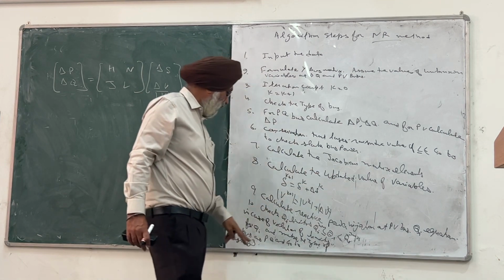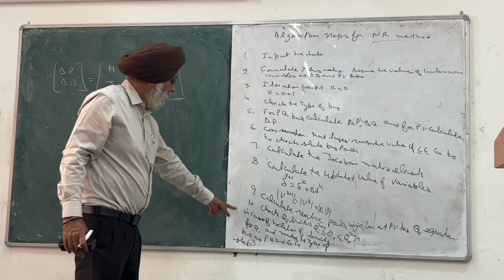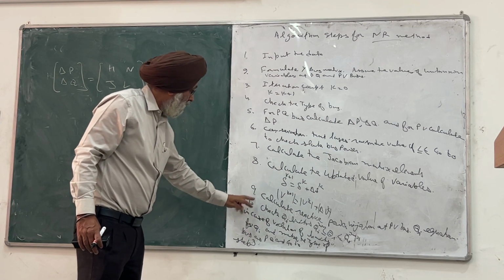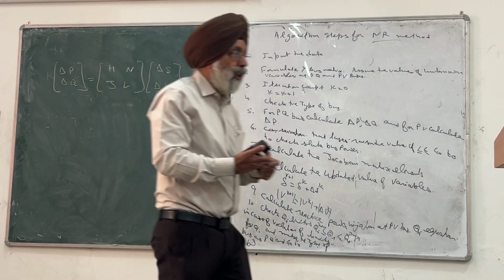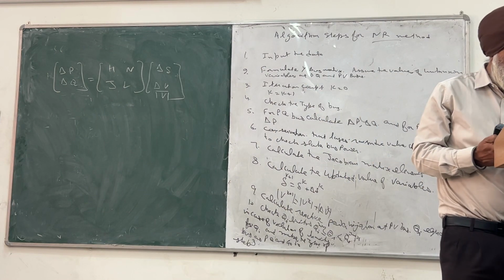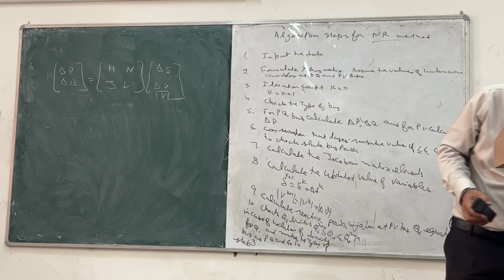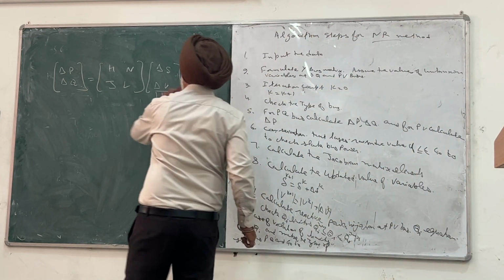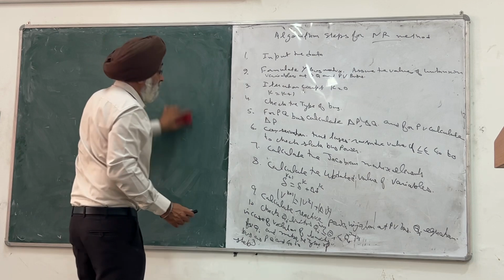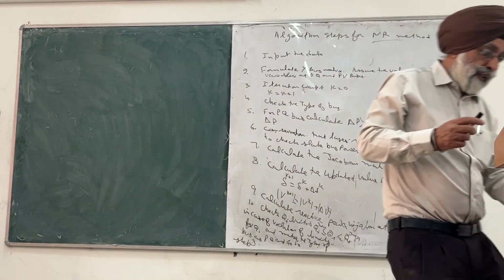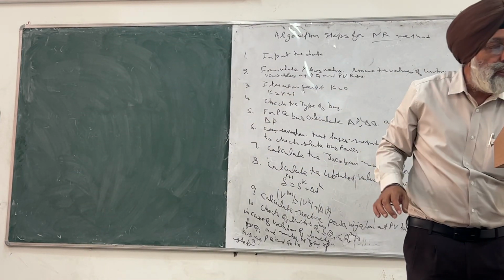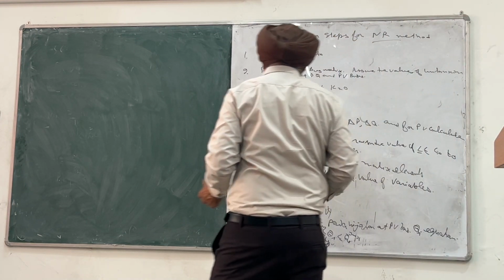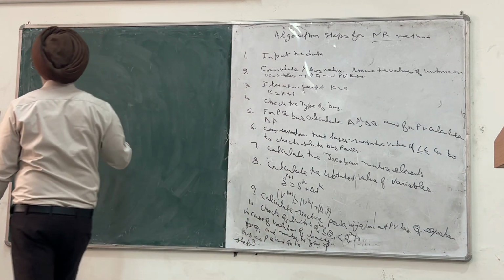So then we have to check the slack bus. Next, if you have checked it for all the buses, so next step we have to calculate, step number 11.